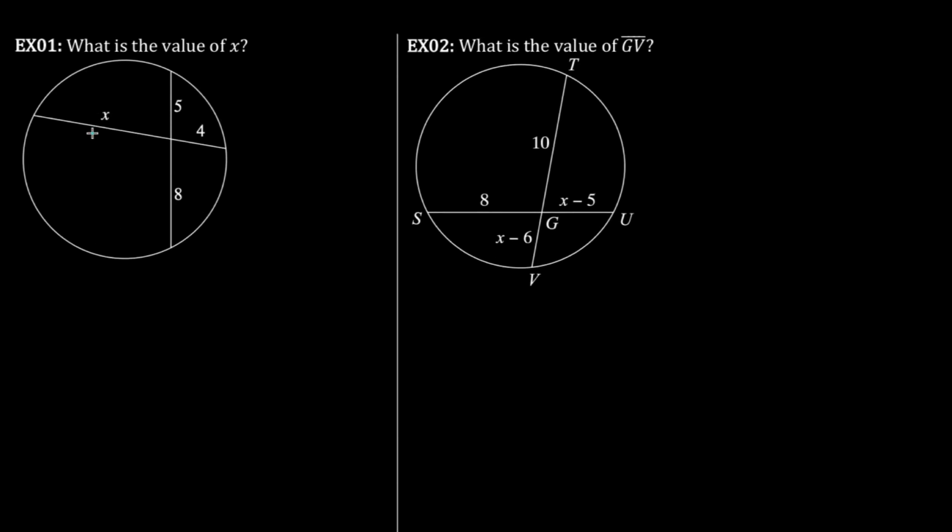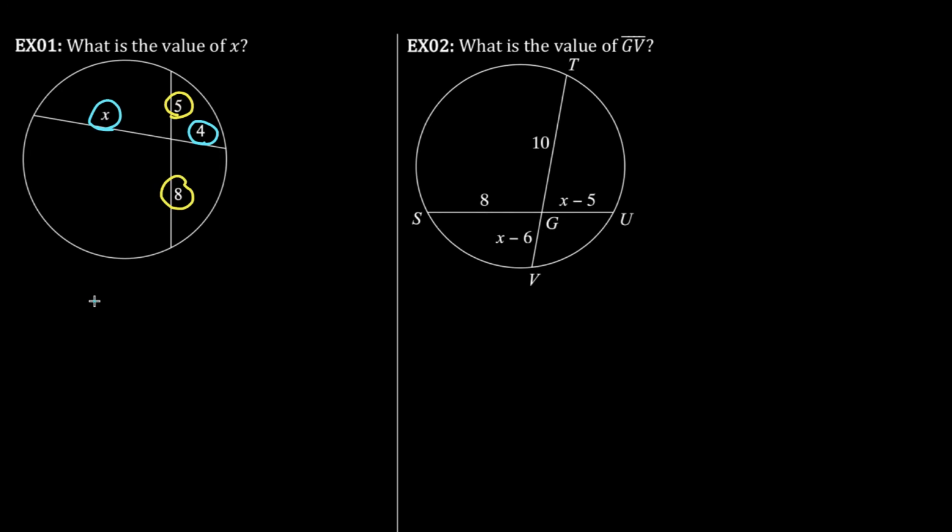So basically, if we multiply the two sections of this chord, we should get the same thing as when you multiply the two sections of this chord.